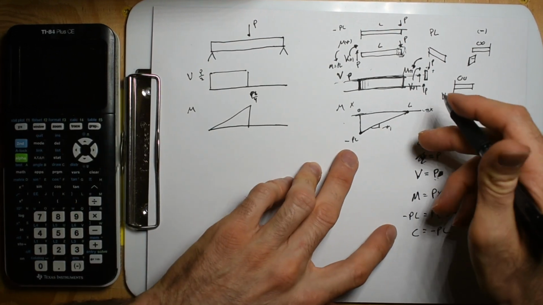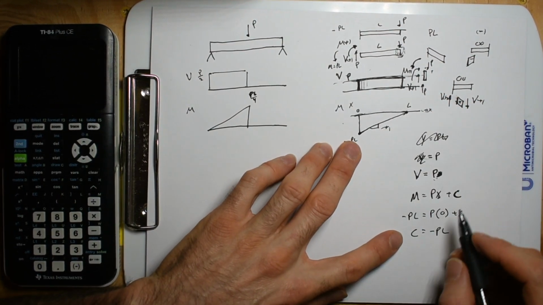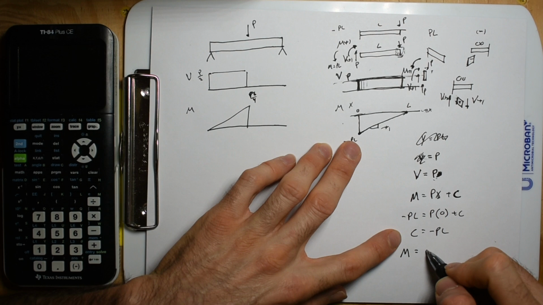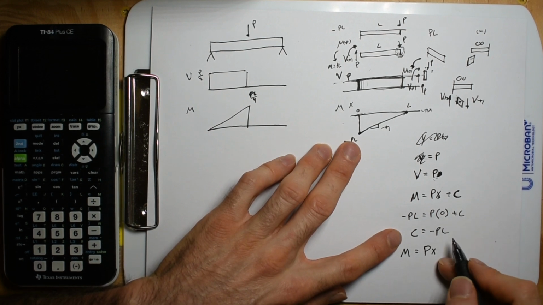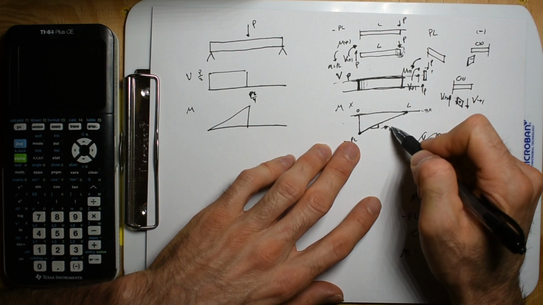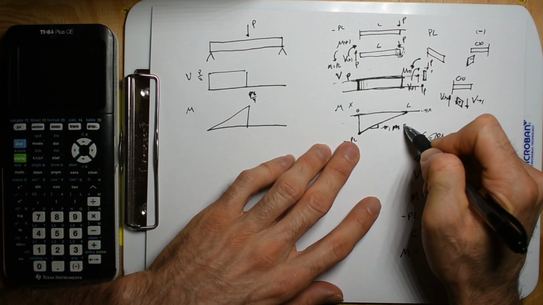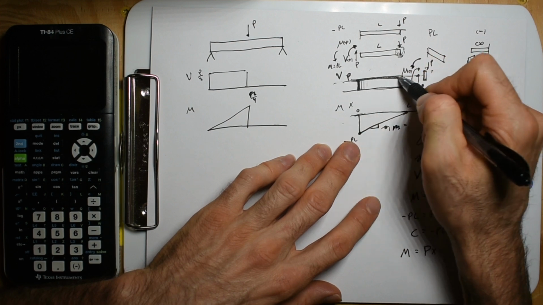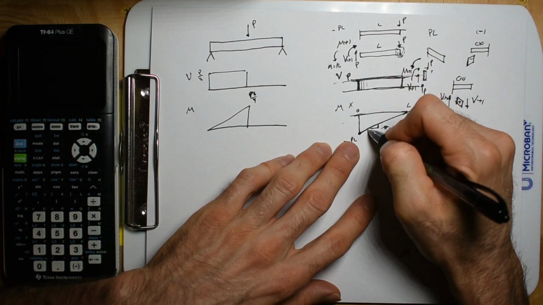So finally we have an equation for this line, and its moment is equal to Px plus C, which makes sense because we have a slope, and the slope of this line is the shear. Especially if it's constant, it is just that value of shear at that point.